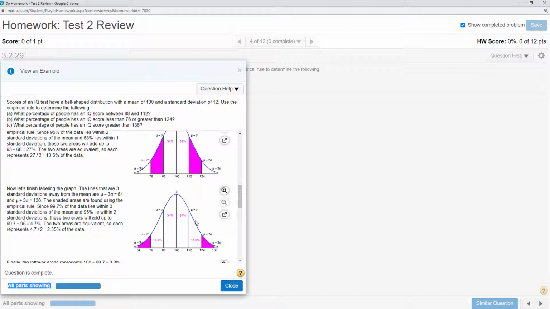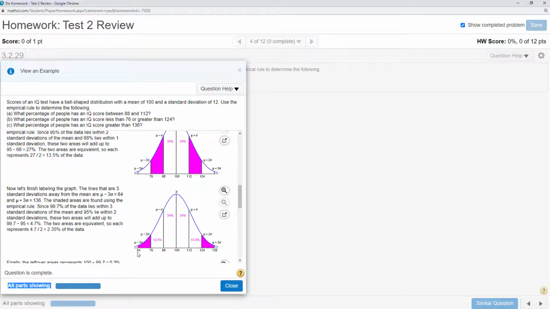So now let's finish labeling the graph. Now we can look at lines that are three deviations from the mean. You look at the mean and add 3 times the standard deviation, 3 times 12, which is 36, or subtract 3 times 12, which is 36. So we see mu plus 3 deviations, adding 3 times 12, will be 136. Subtracting 3 times 12 would be 64.